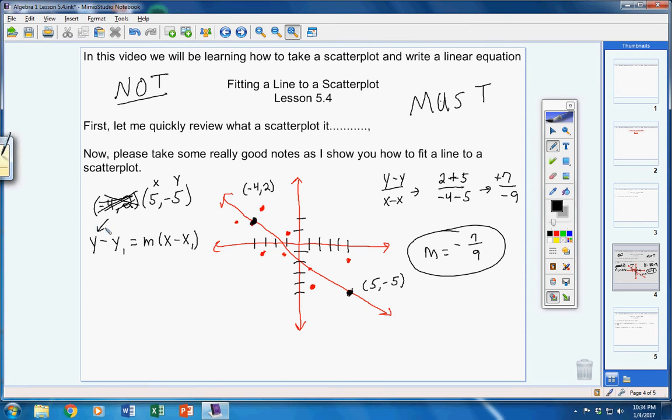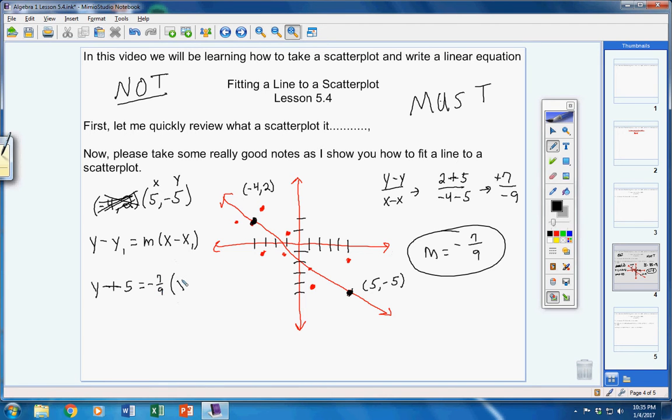Remember, the first y and the first x never get substituted out for a number. They stay y and x. So I leave this y, and then minus, and then what's my y value up here? -5. Y minus a -5 is y plus 5. Alright. Here's m. I'm going to put -7/9.